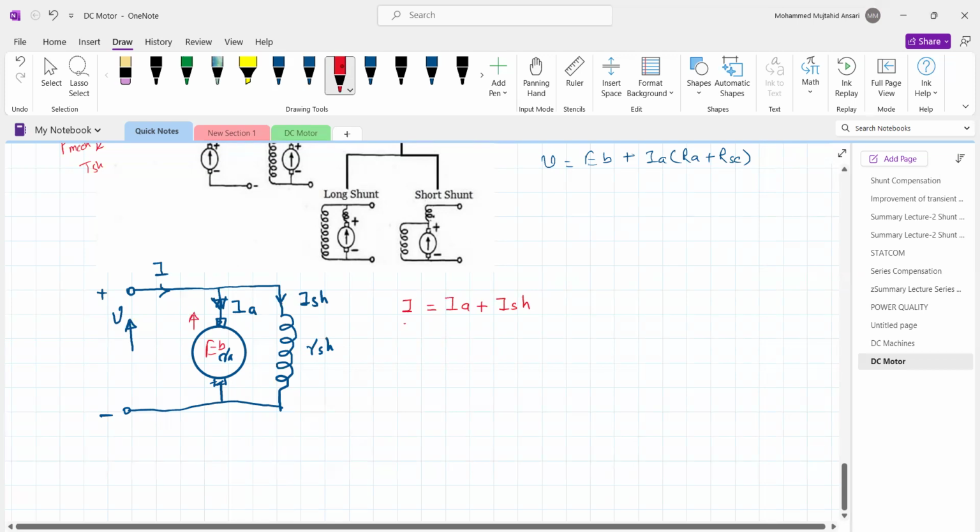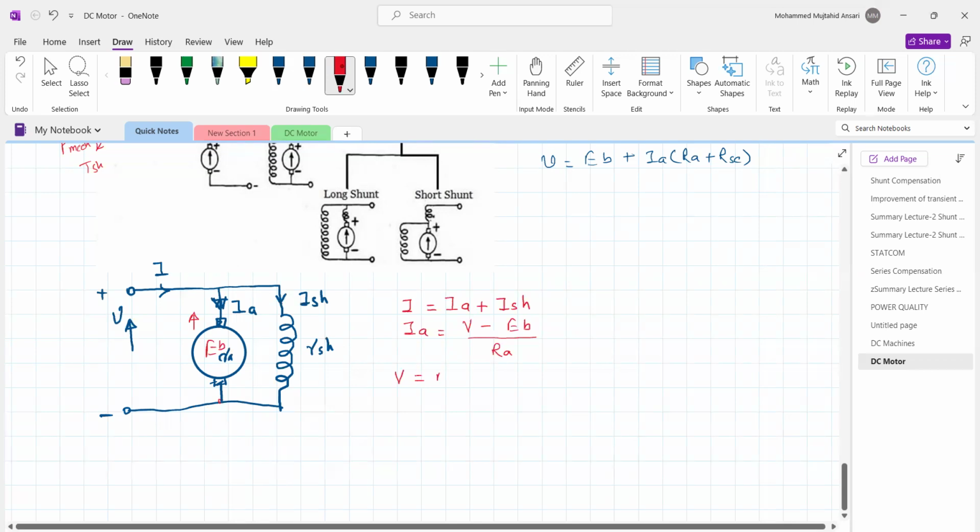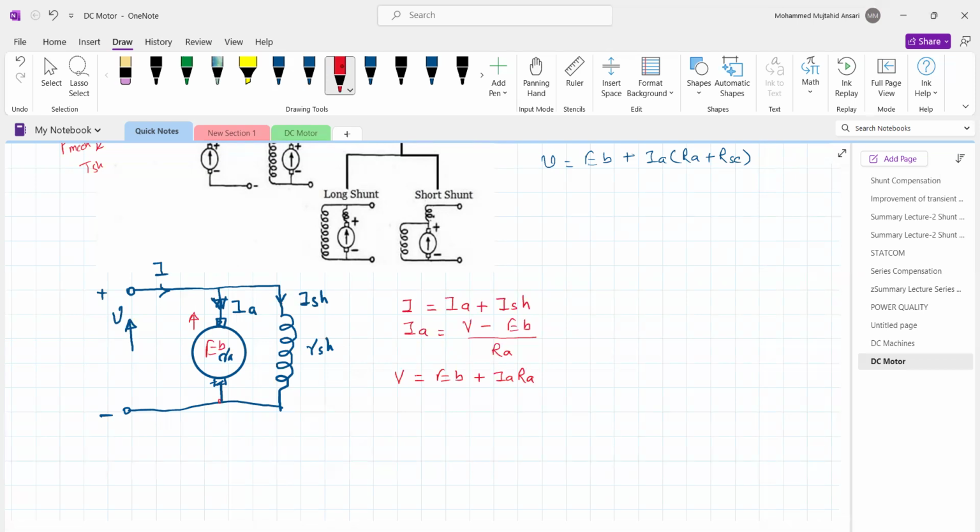So we can write the armature current IA as V minus EB upon RA, where V is the terminal voltage, EB is the back EMF and RA is the armature resistance. The supply voltage is greater than the back EMF, so V is equal to EB plus IA RA. This is the voltage and current equation in the DC motor.